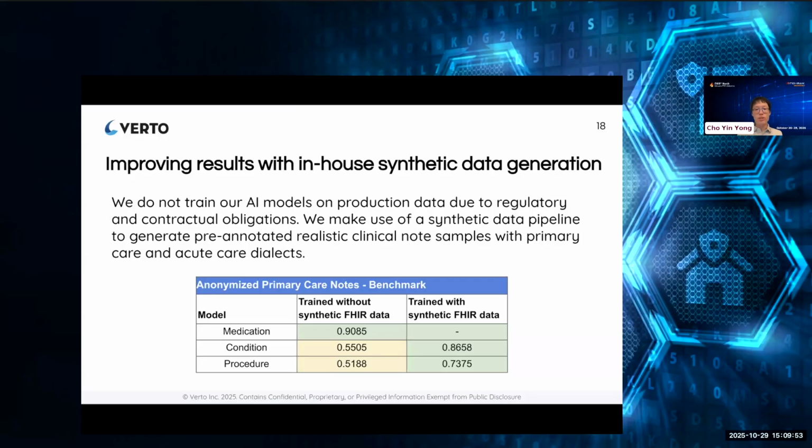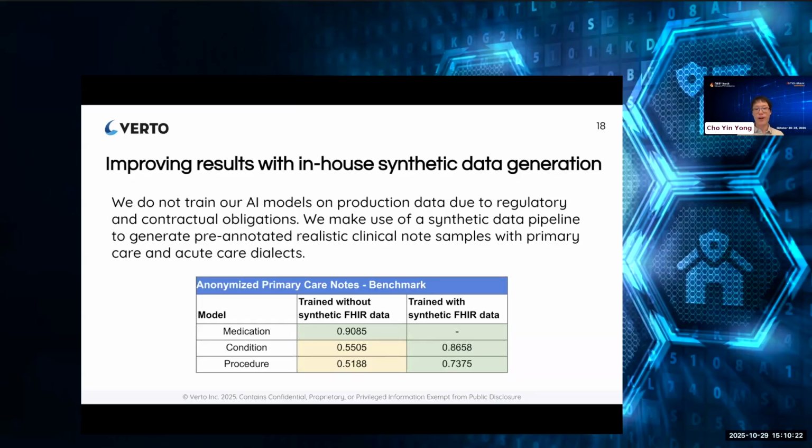Instead, we make use of a synthetic data pipeline to generate pre-annotated, realistic clinical note samples with diversity and also with primary care and acute care dialects, so we can keep track of the variety of how clinicians document various things. And you could see that with this pipeline, we're able to significantly improve on our existing model.